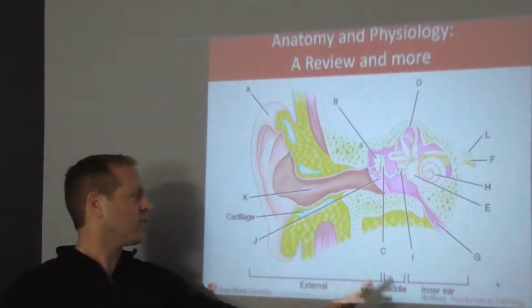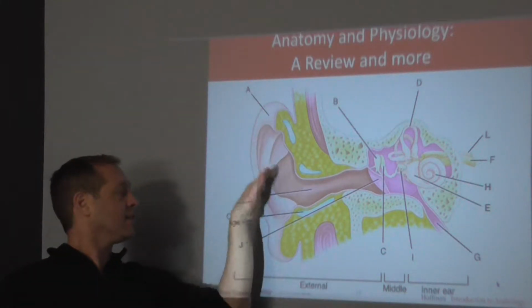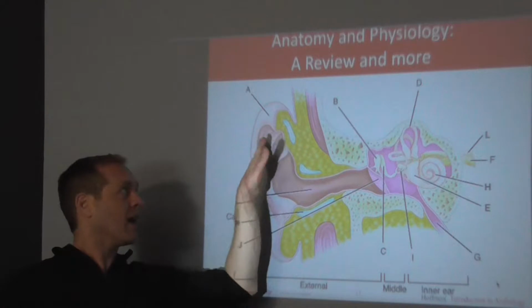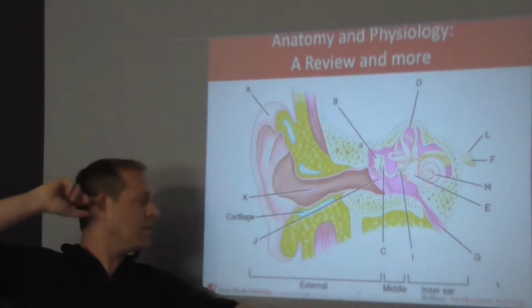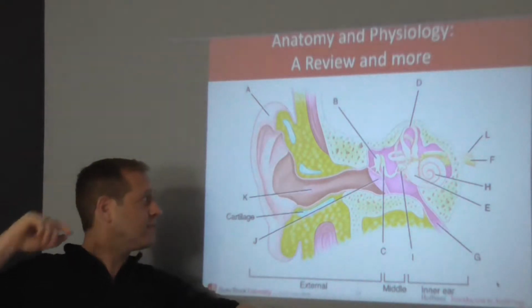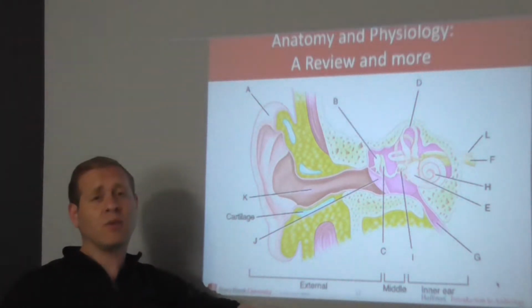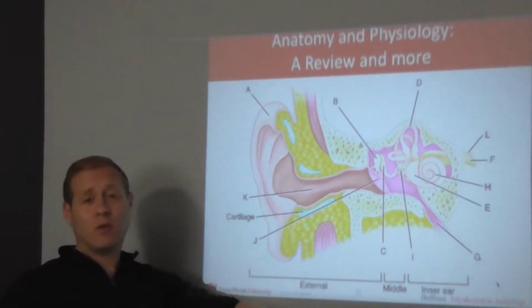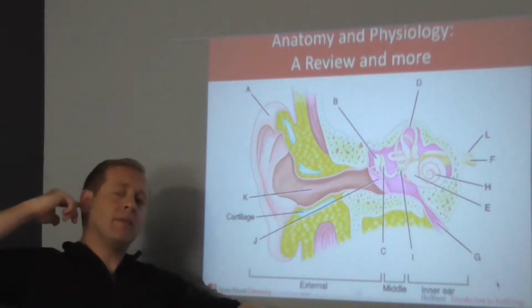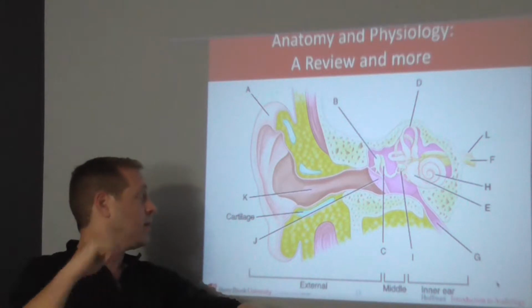So looking at the external ear, the part that is labeled A here, okay, that's the part that we often think of as the ear. That's the part you can touch, that's the part that you pierce. That is known as the pinna, or the auricle, with an AU. So that's the pinna, okay, that's the part that has the lobe.